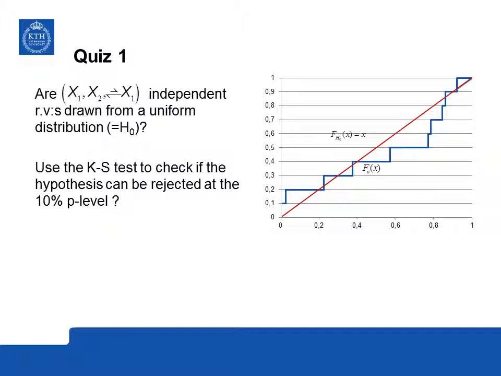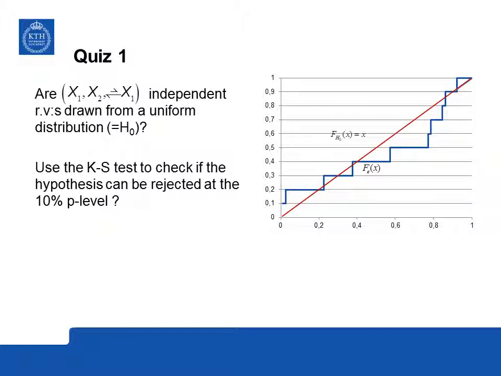And that brings us to quiz 1. We have here an observation of 10 random variables. And the question is, are those random variables drawn from a uniform distribution, which would be our hypothesis H0? And we have the empirical distribution of those variables, and that's the blue curve in the diagram on the right-hand side.